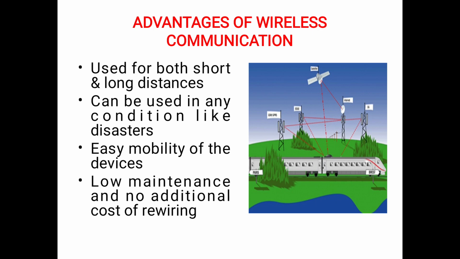So it can easily be used for both long and short distance. Then it can also be used in any conditions like disaster time, heavy rain, and in the summer season also.